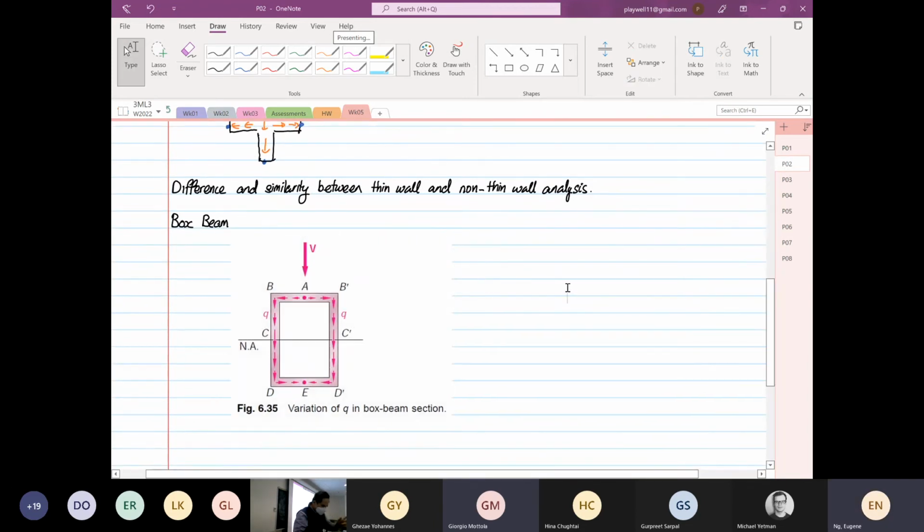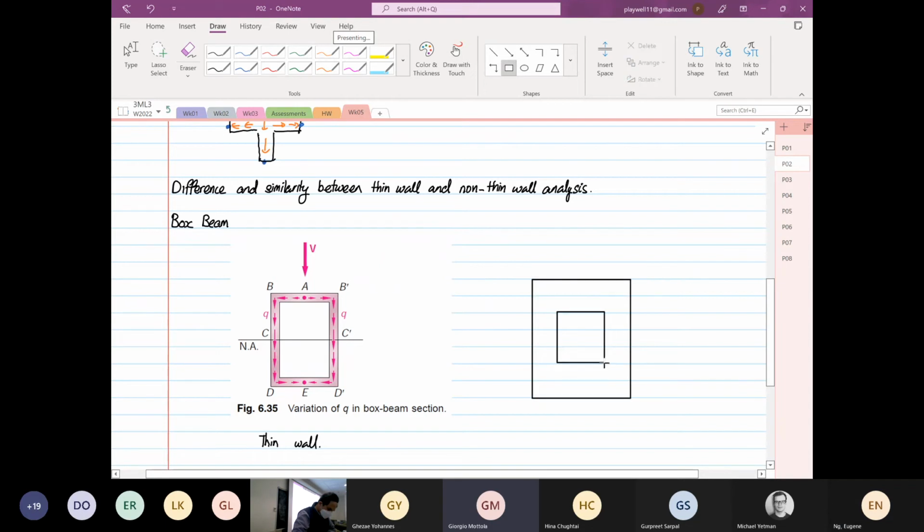On the left hand side is our thin wall, and on our right hand side is our non-thin wall. So I'll construct a non-thin wall. Now let's look at non-thin wall first, just to recap.